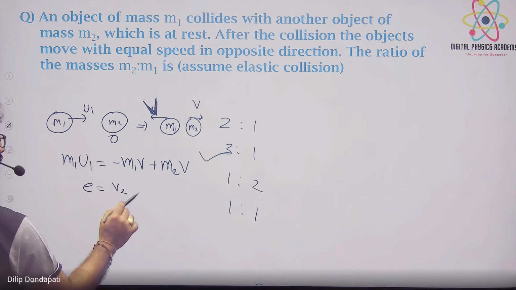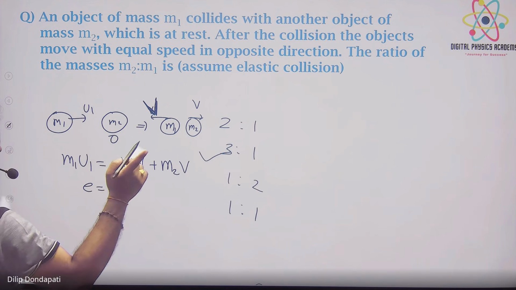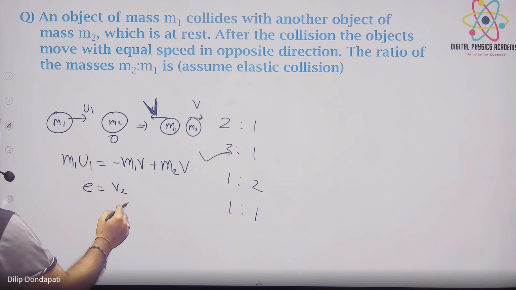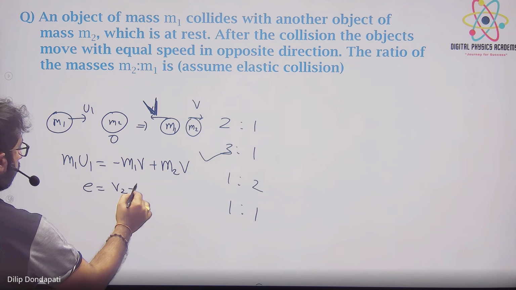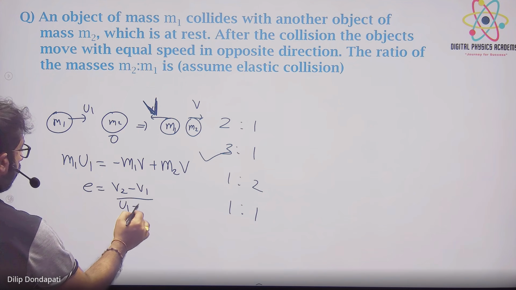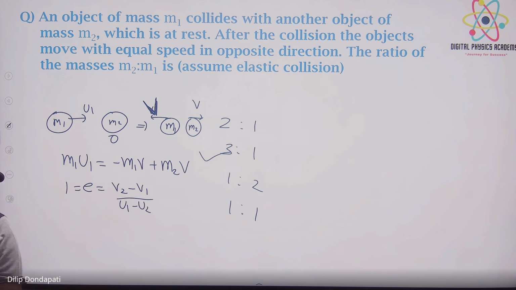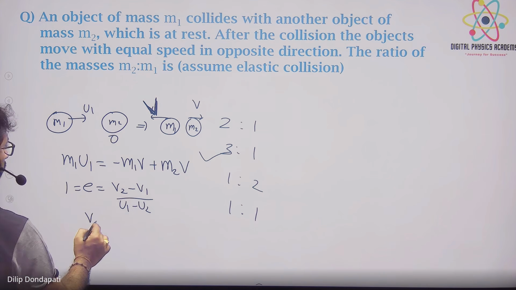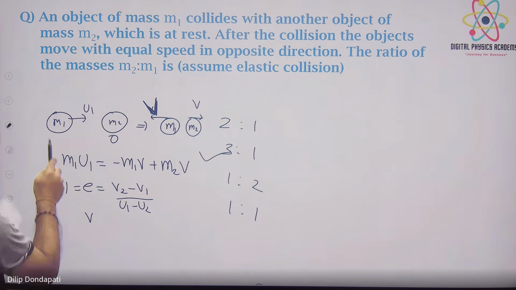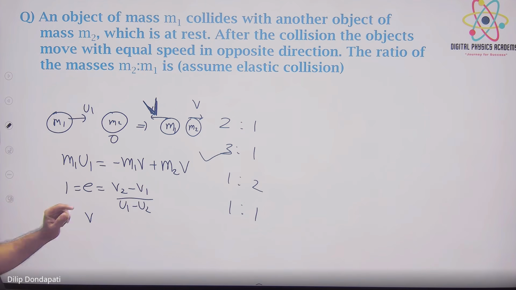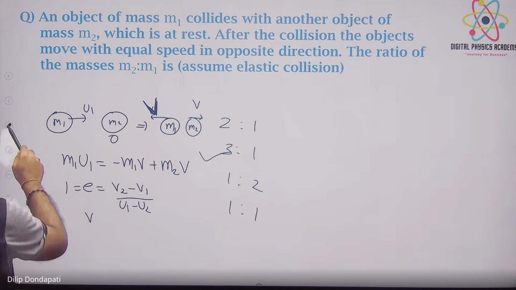Okay. But then there can be a case where M1 can be towards the right and M2 can be towards the left, right? Anything. But you follow the same sign convention in the whole numerical. Okay. So V2 minus V1 by U1 minus U2, which is e equals 1, elastic collision. So V2 minus V1. V2 is how much here? Now here also we have to substitute as per the sign convention only. So V2 I'm taking positive only.